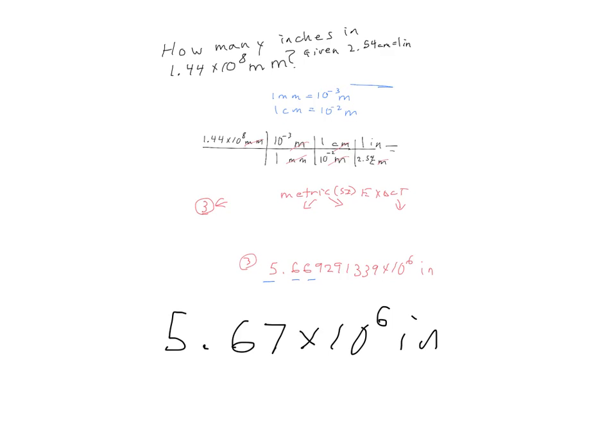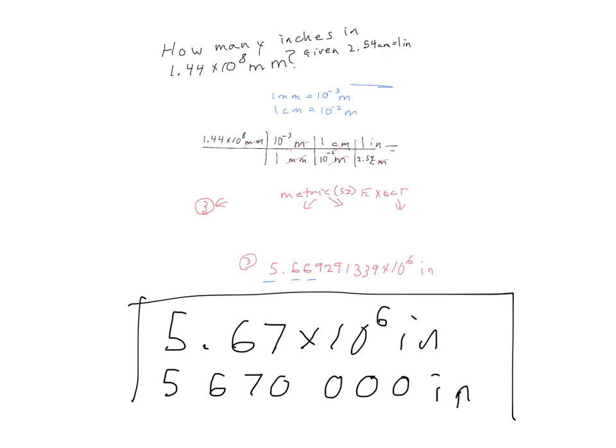If your calculator doesn't do that, then 5, 6, 7, and then that's what it would look like if your calculator didn't put it in scientific notation for you. But those would be your answers. Let's take a look at the next slide.